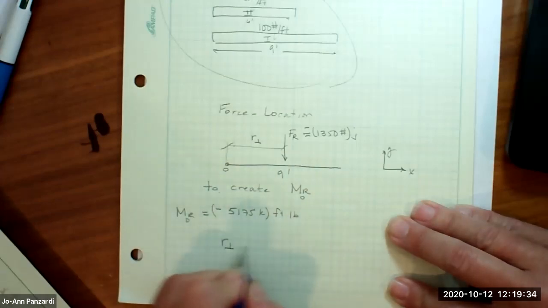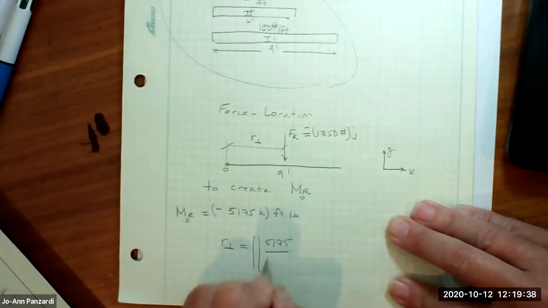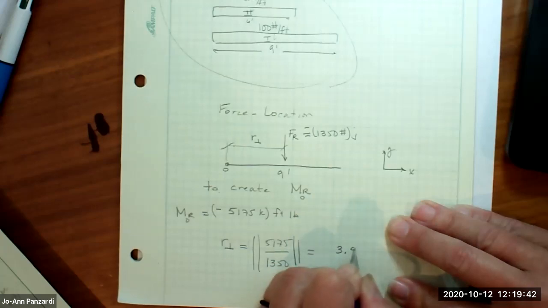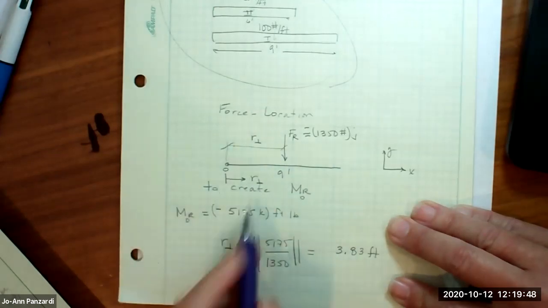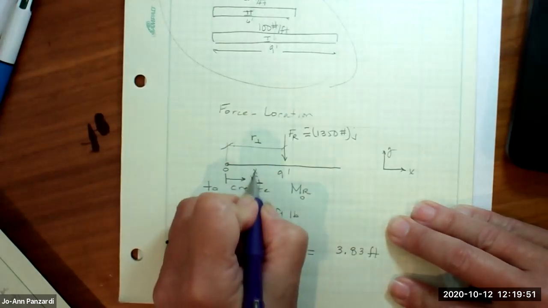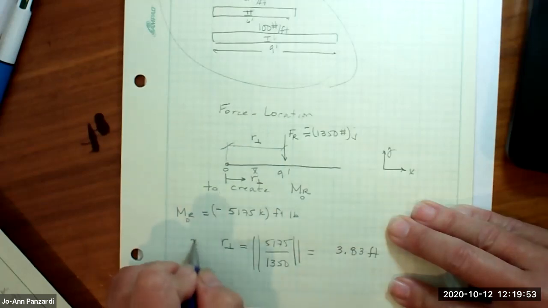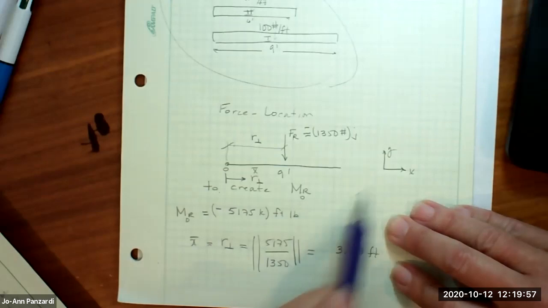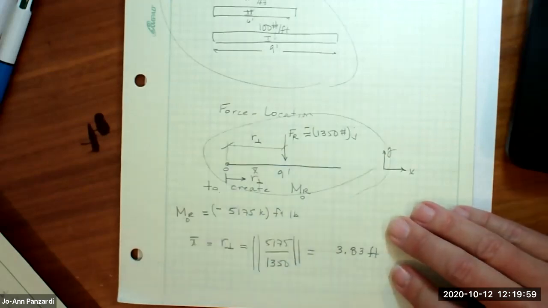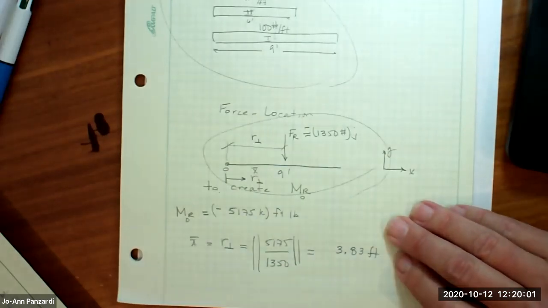And the perpendicular distance turned out to be 5175 over 1350, and it came out to be 3.83 feet. And it was measured, perpendicular distance was measured, and we could call this X bar if we want. It's really the centroid of the force. And here's, in the end, what it comes down to.